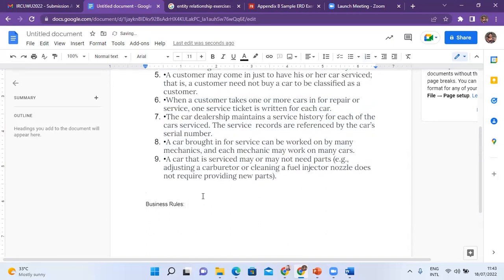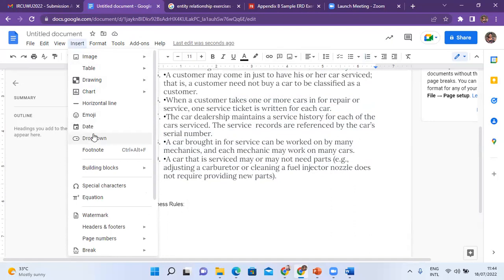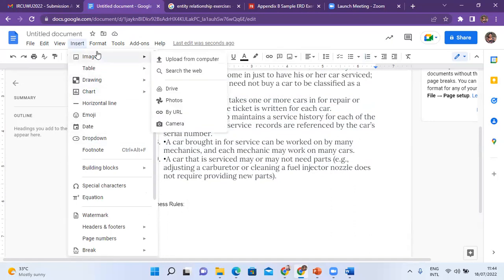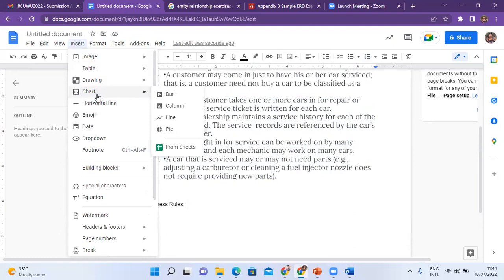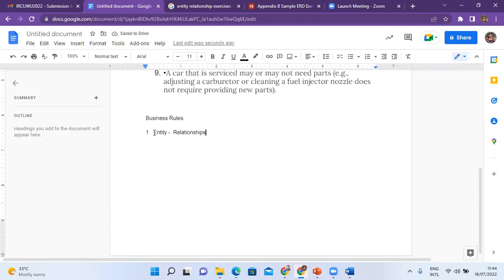Second thing, you can put 1, and you can tell me the name of the entity, then the name of the relationship.